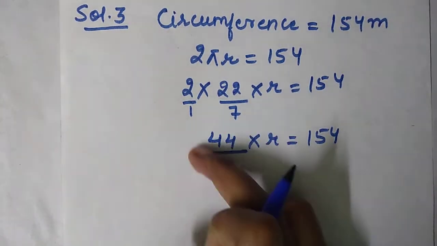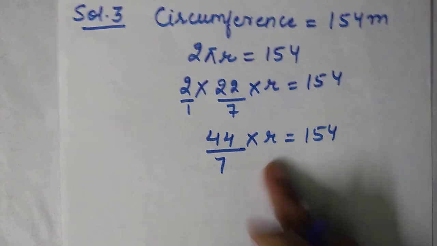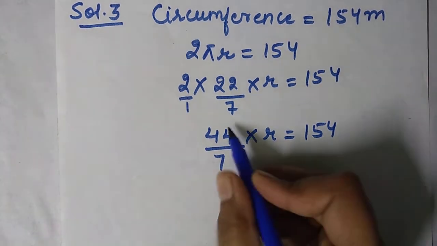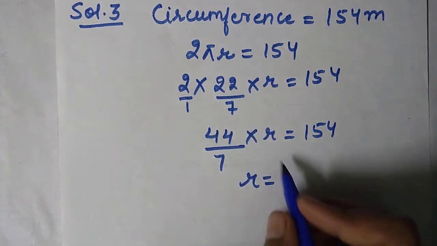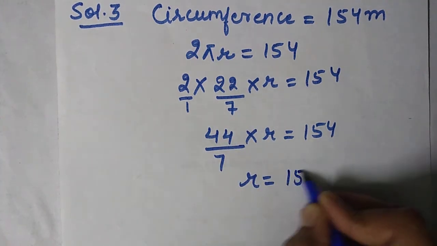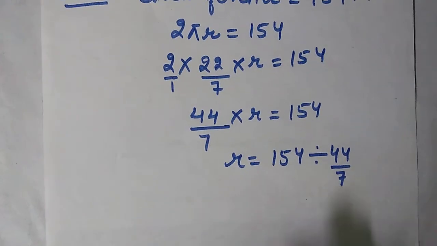Now this complete term is in multiplication with r and we have to find the value of r. So I have to shift this fraction to the other side, and as it is in multiplication, after shifting it will be in division. So it will be 154 divided by 44/7.